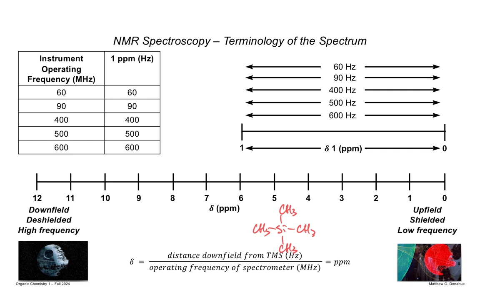So the distance downfield from TMS in hertz divided by the operating frequency in megahertz. So notice hertz divided by megahertz gets you parts per million. It's just a number.